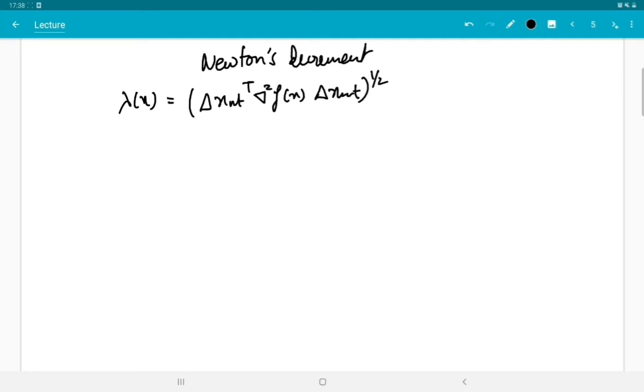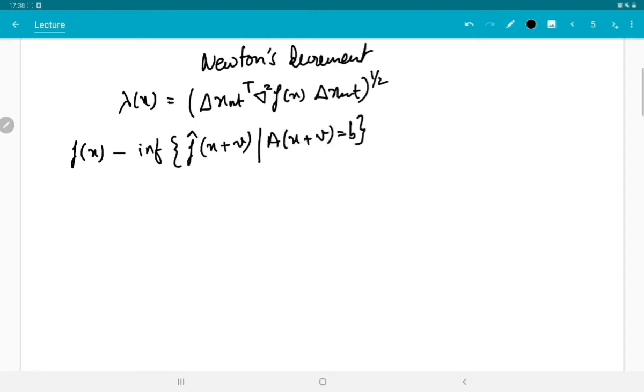So for that we find the distance between our present value and the value after the optimal jump, where the optimal jump is delta x_nt. So f(x) minus the infimum of f hat(x plus delta x_nt). Let me write the expression for this thing.